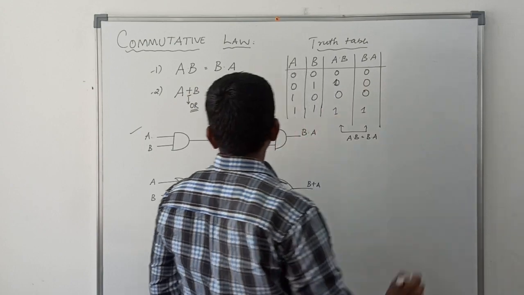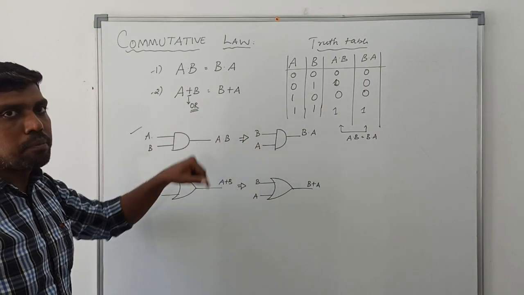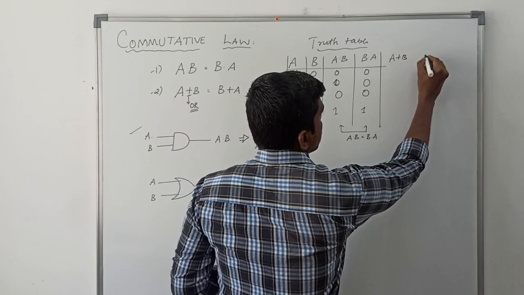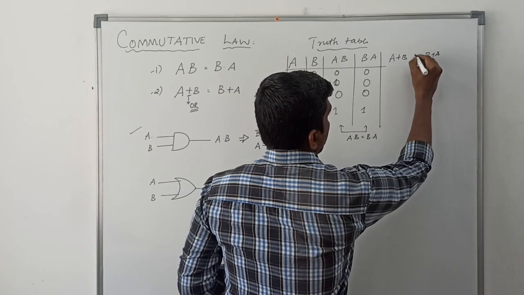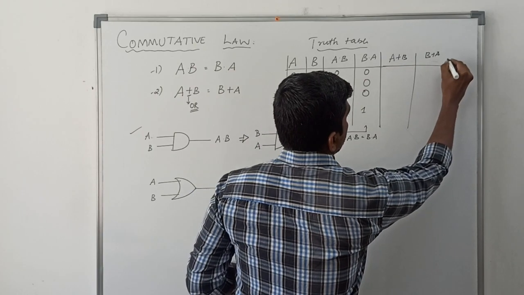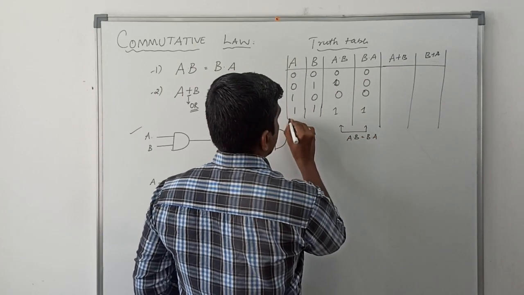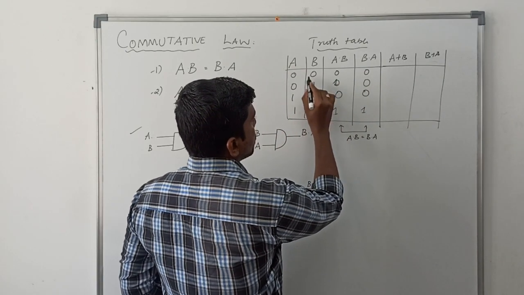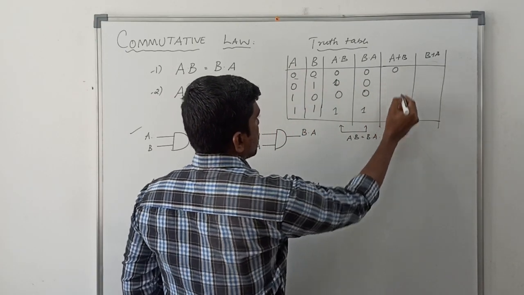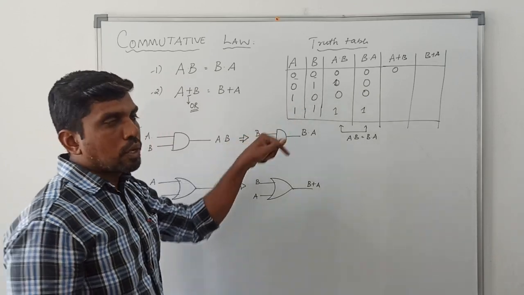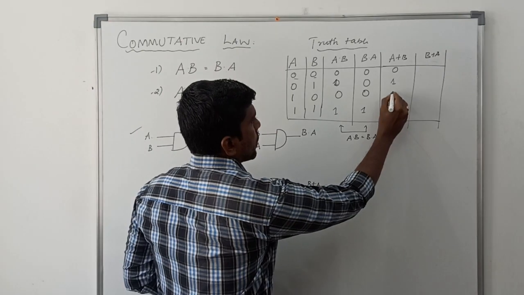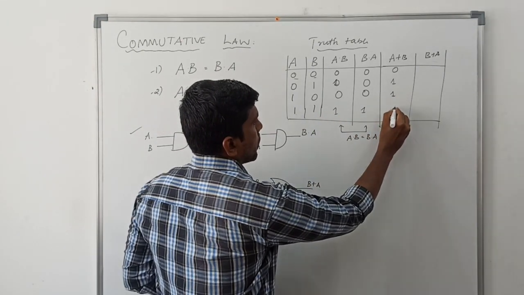Then come to the OR operation. A plus B equal to B plus A. A value is 0, B value is 0, 0 plus 0 is 0, then 0 plus 1 is 1, 1 plus 0 is 1, 1 plus 1 is 1.